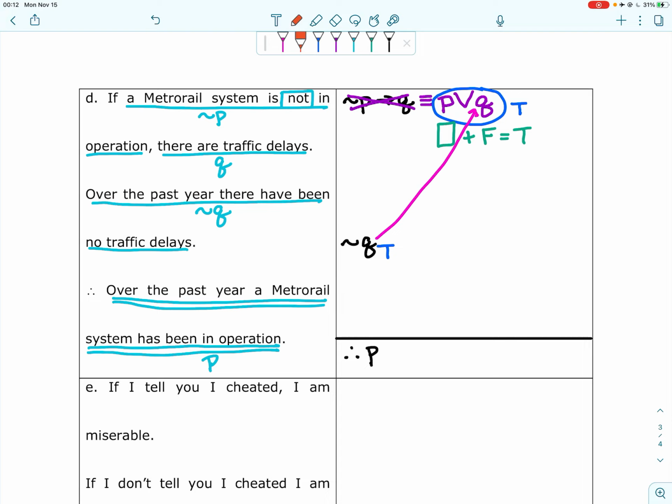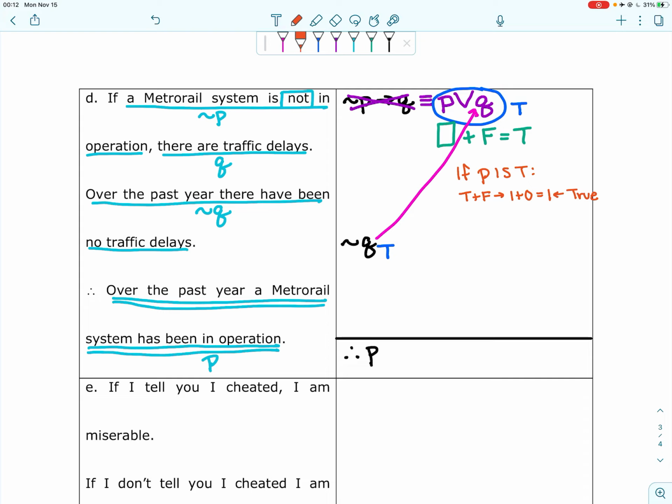So we're going to look at the possibilities for P. If P is true, we would have true plus false, which is 1 plus 0, which is 1, which is a true statement. So P could be true.